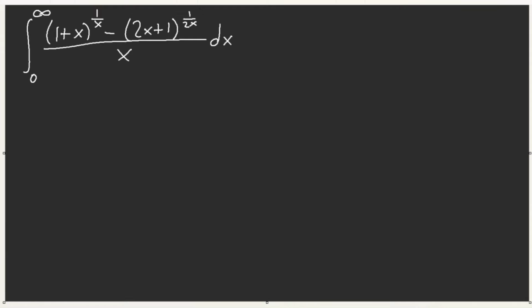I see that our Frullani integral is, our function seems to be x plus 1 to the power of 1 over x. Okay, so then this must be a Frullani integral. So then if we plug in infinity, let's see, we color this in blue.